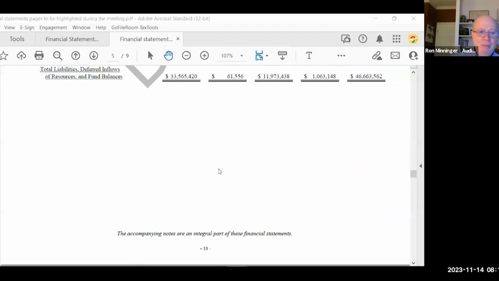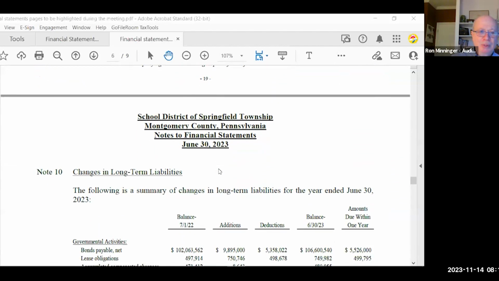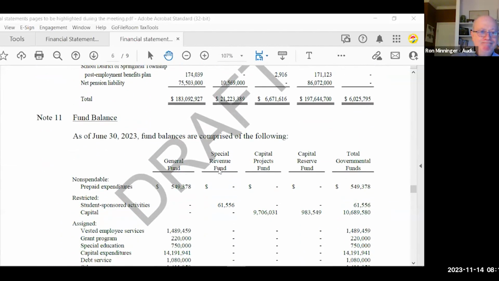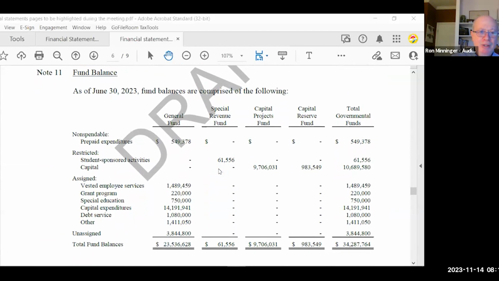All right, let me show you regarding those fund balance assignments. This is a schedule that is in the notes in the draft, but all these numbers are last year numbers. Now, some of these numbers don't change from year to year, but again, I know management wants to take a look at these numbers and see if adjustments are appropriate.